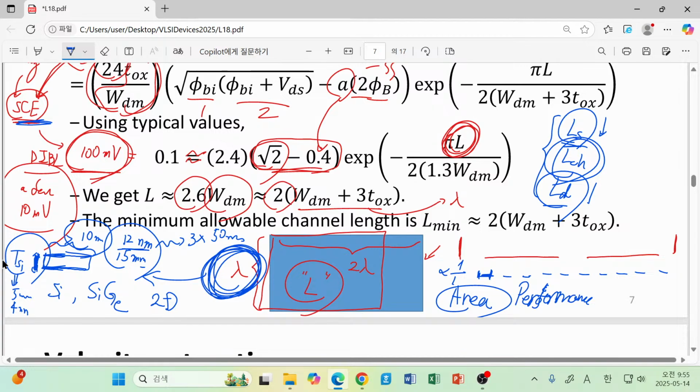For example, last year at an international conference, Intel reported a 6 nanometer short channel device. It is not that difficult for them, not for me, but for them, the most talented guys, they can fabricate even shorter 6 nanometer technology. But the problem is, when they make it, what will happen? Severe short channel effect will occur, so we cannot use it for our logic transistor.